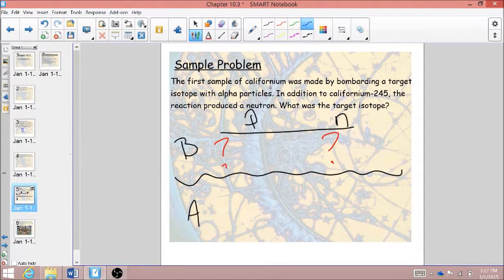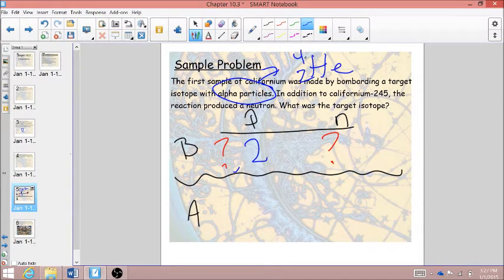But we do know that we have alpha particles. And if you remember correctly, an alpha particle is just like a helium atom that has an atomic number of 2 and a mass number of 4. Now, if it has an atomic number of 2, that means it has 2 protons. And if it has a mass number of 4, that means it has the 4 protons and neutrons together.